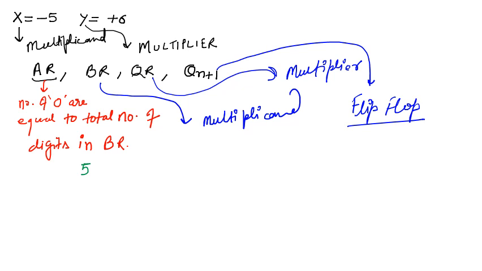So 5 we can represent in binary as 101. This value 5 is negative, so negative numbers will be represented in the 2's complement form, and it will be equal to 110, and we represent this number in signed magnitude representation.